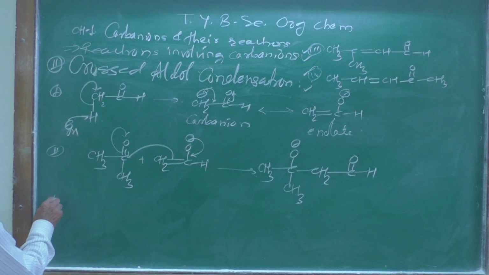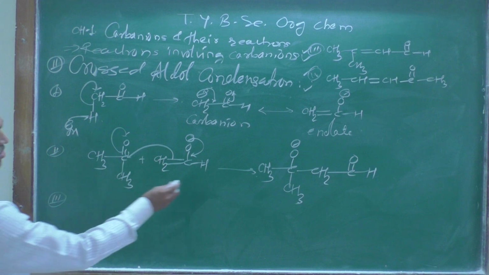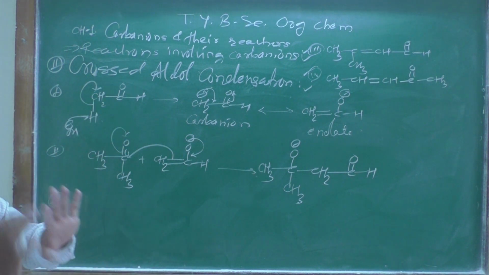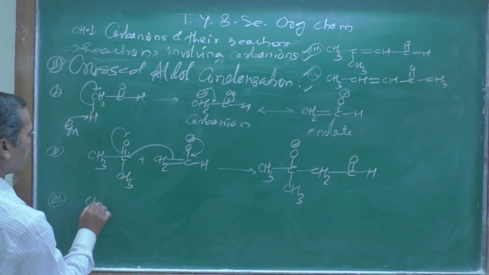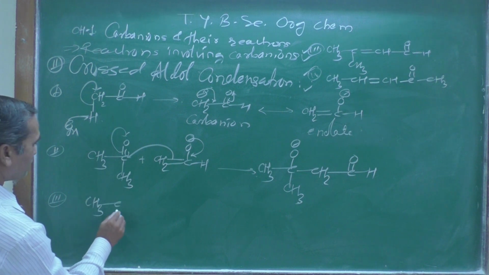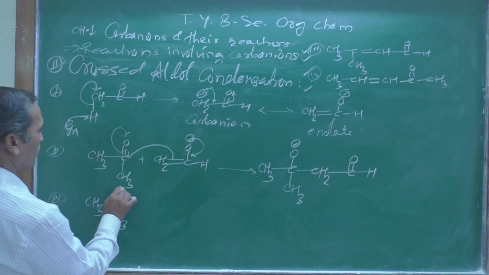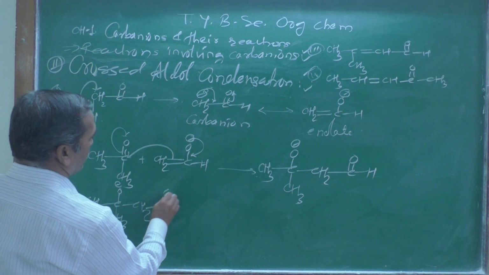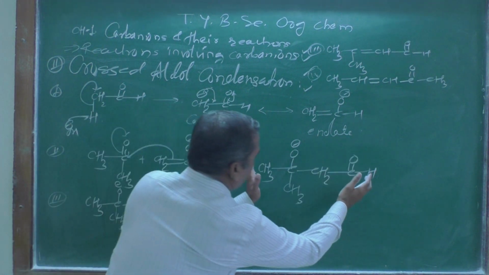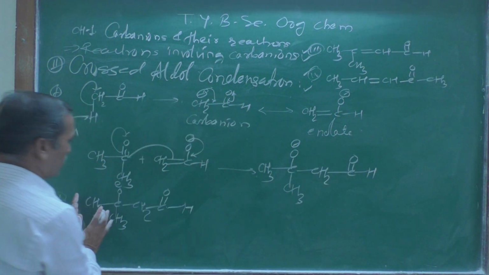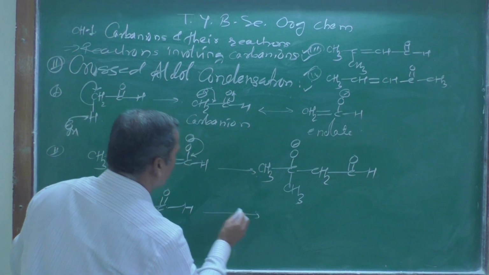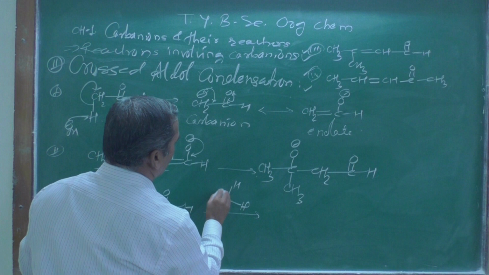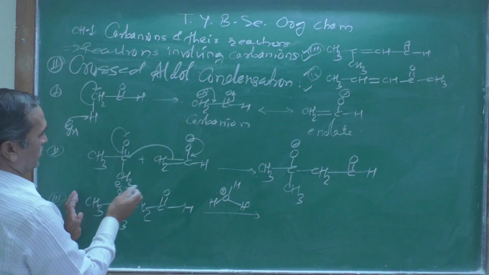And now in the third step, what is going to happen? That is a protonation step, because this mechanism involves 4 steps. Now here CH3, then CH3 over here, O minus, then CH2, C double bond O, H. I am writing this molecule as it is, and now here is H plus, that positive charge, that is a protonation.